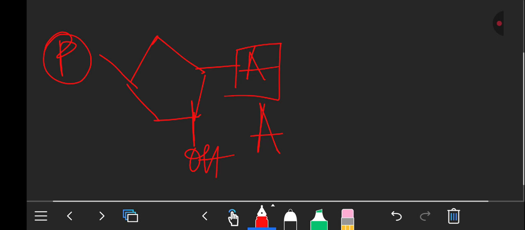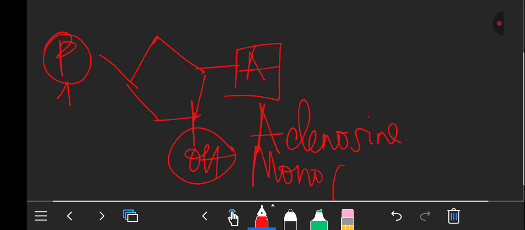In naming, you need to start with the nitrogenous base. So the adenine will change to adenosine. We are saying adenosine because at this carbon there is OH. This is a ribose, okay? Because there is just one phosphate, it will be adenosine monophosphate. Mono means one.